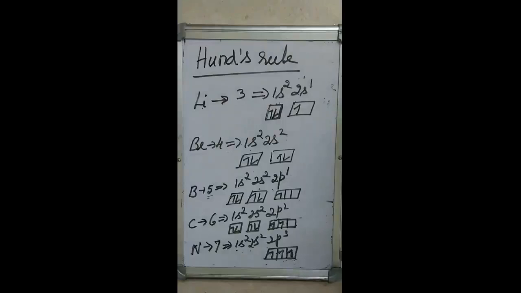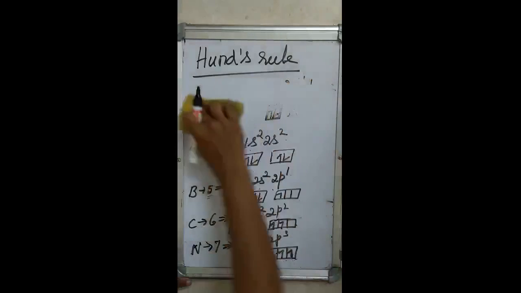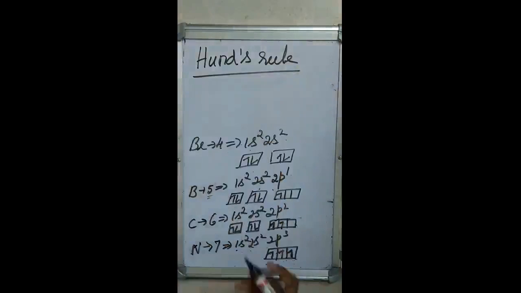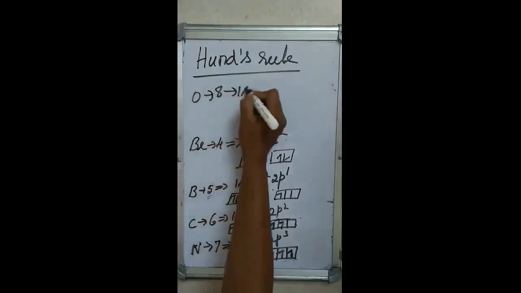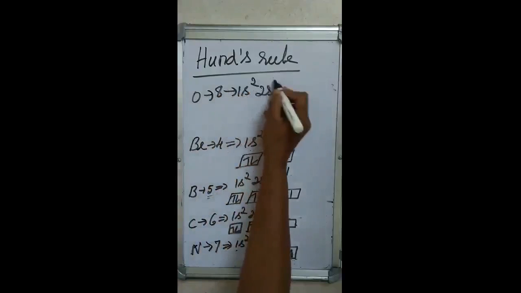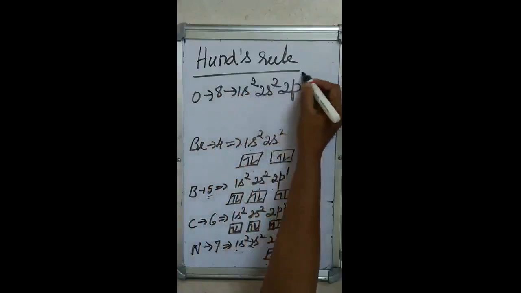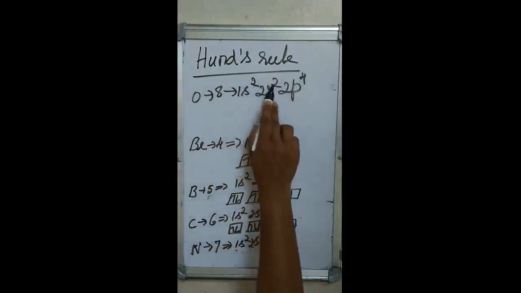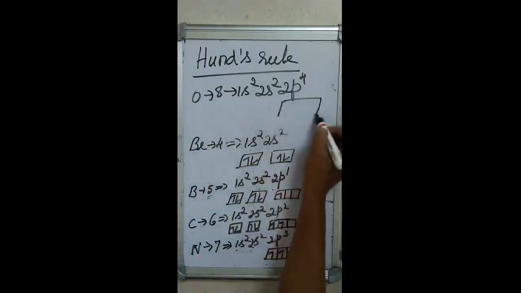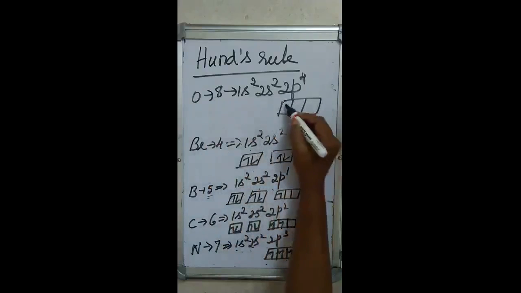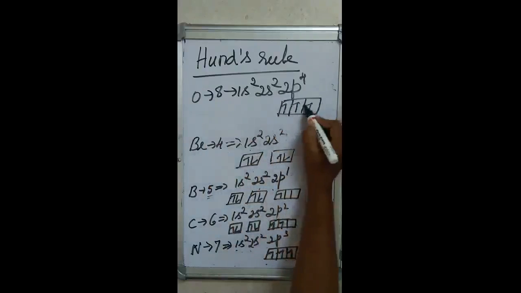Now one more example I will write. Atomic number 8, that is oxygen. So electronic configuration 1s2, 2s2, 2p4. 2 plus 2 plus 4, 8. So 8 electrons. Now this part I will write. So 1, 2, 3.